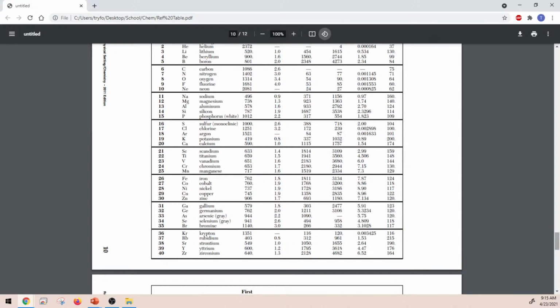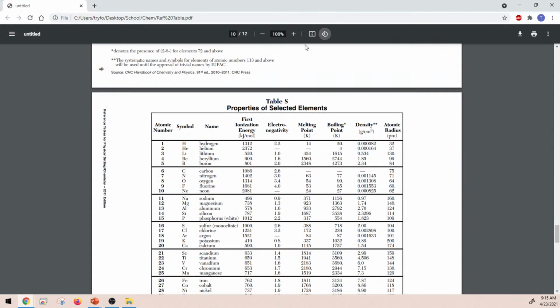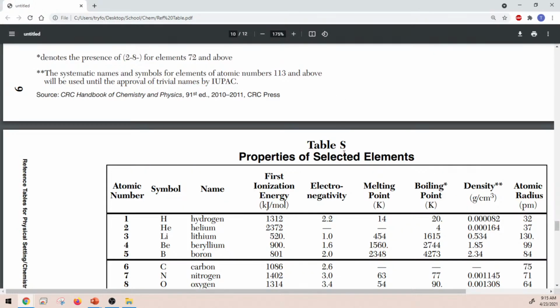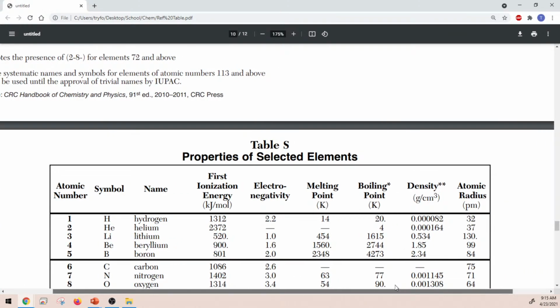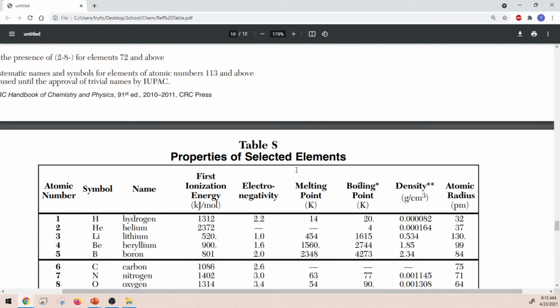A really interesting thing on table S is that all of those trends we were looking at, ionization energy, electronegativity, atomic radius, are listed, and the data is listed on the periodic table.